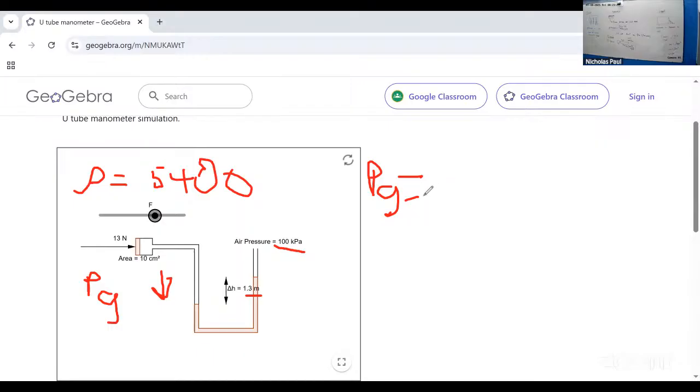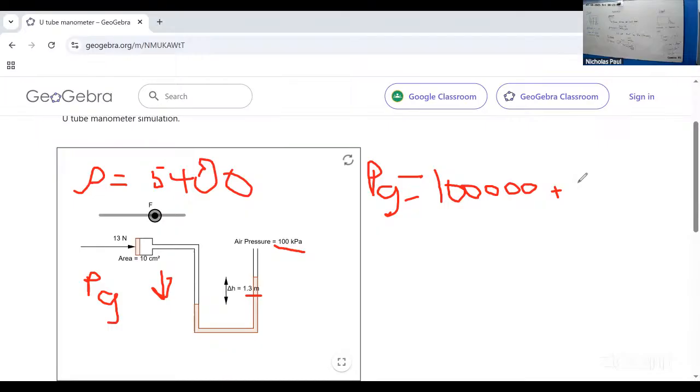Take your time. You can write the exact value. So the pressure of the atmosphere is 100,000. And we add, what's the formula for the pressure of the liquid again, Michael? Density.